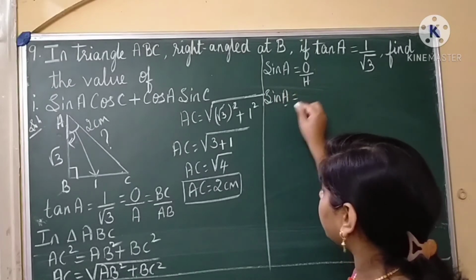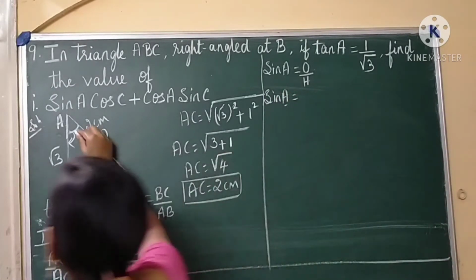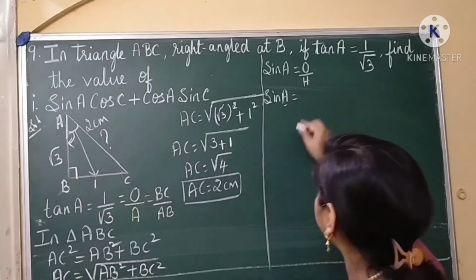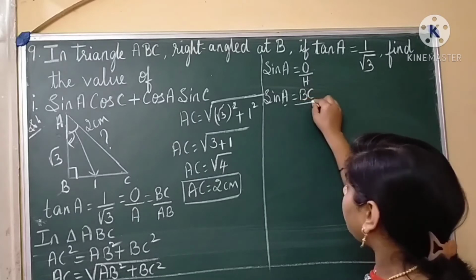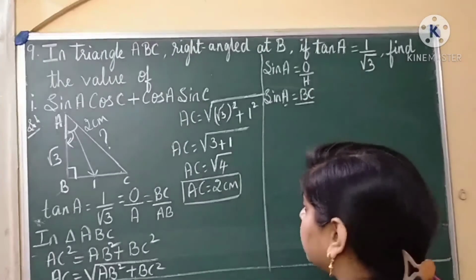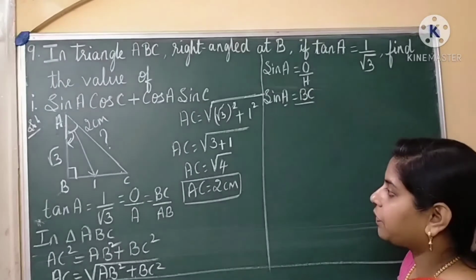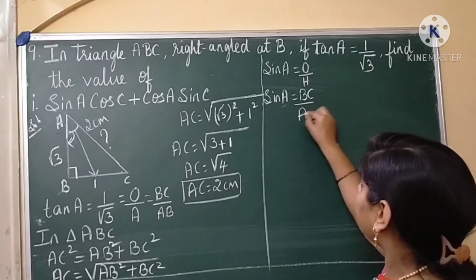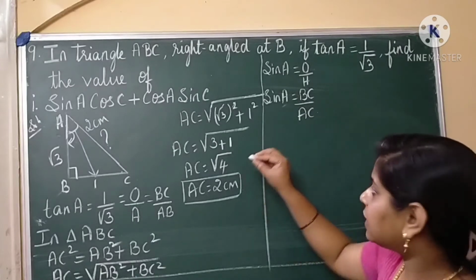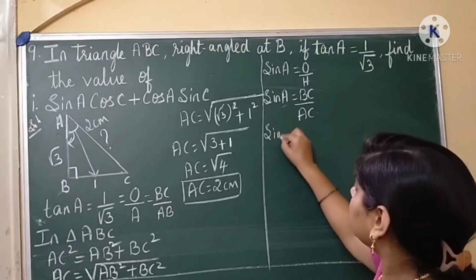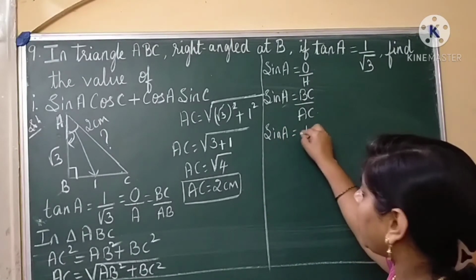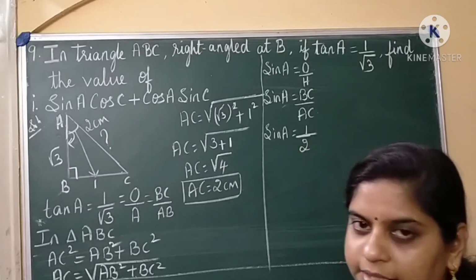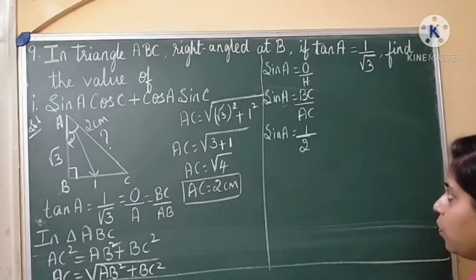With respect to angle A, the opposite side is BC and the hypotenuse here is AC. So sin A is equal to 1 by AC, which is 2 centimeter, 2. AC here is 2. So 1 by 2.